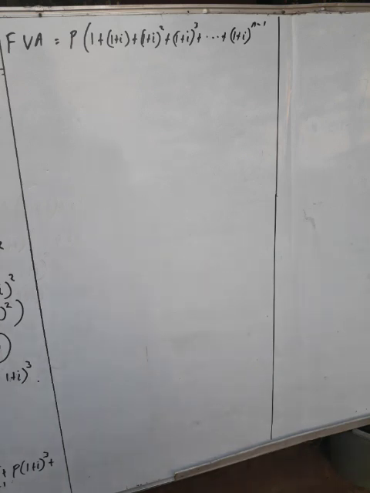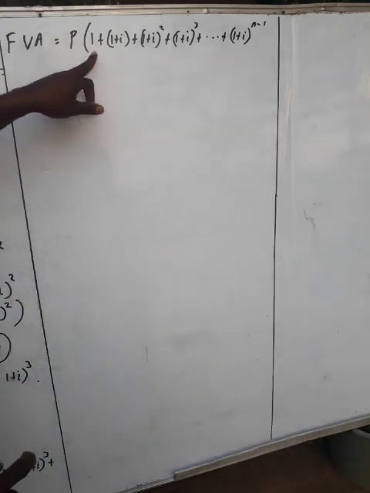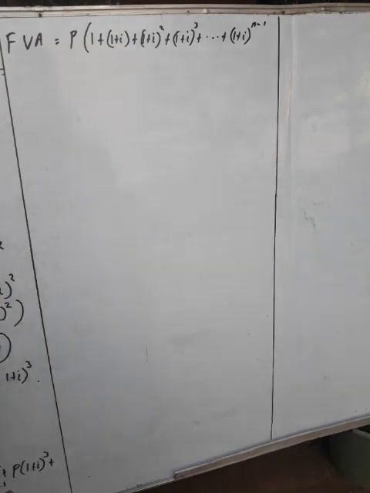So what next? This is a geometric series. The common ratio is 1 + i.